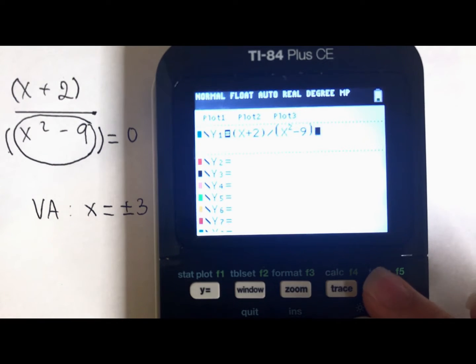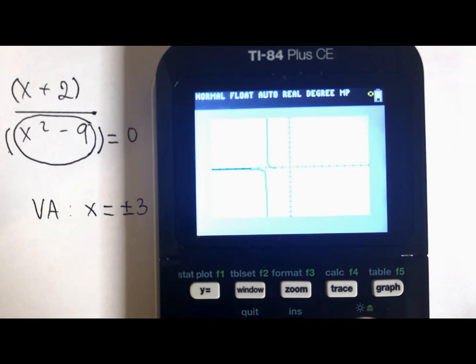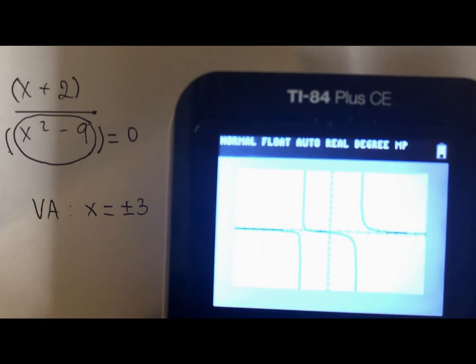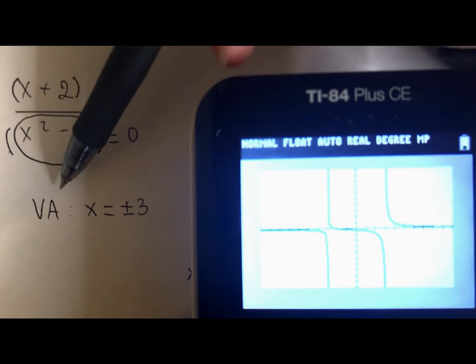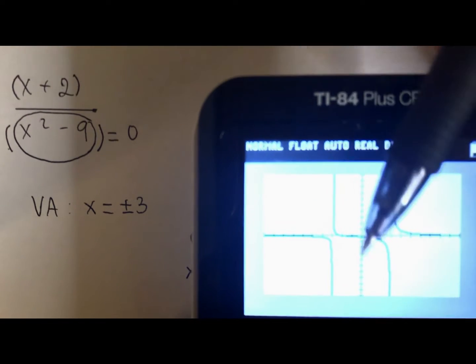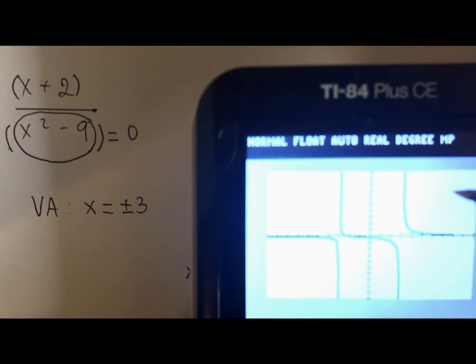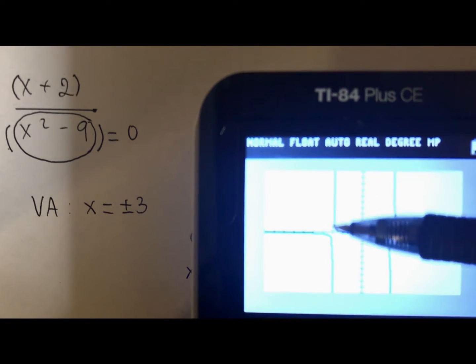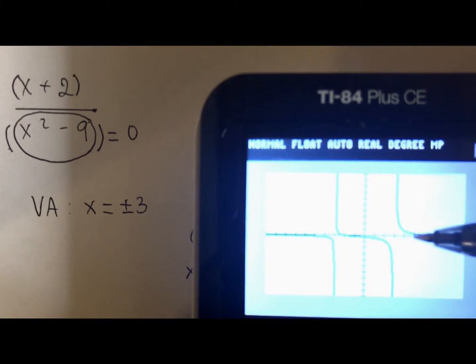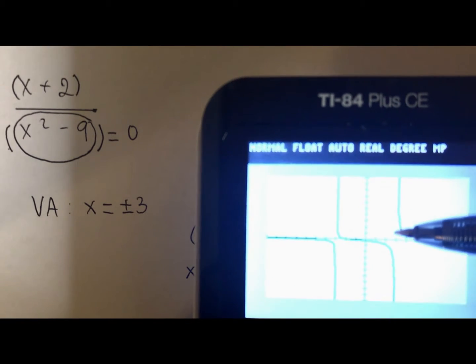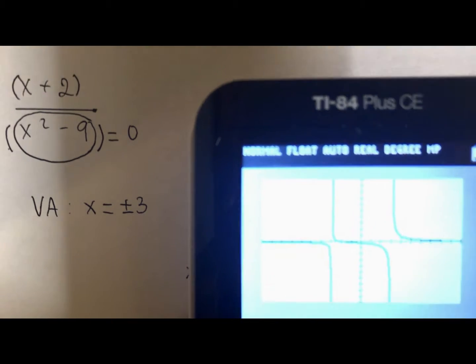And then you're going to hit graph. So as you can see right here, the vertical asymptotes are at x equals negative 3 and x equals 3. You can see that there are two vertical lines right here that the graph approaches, but it doesn't cross the line.